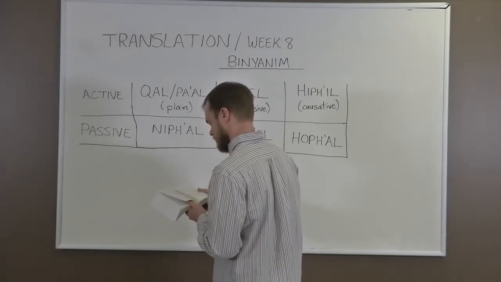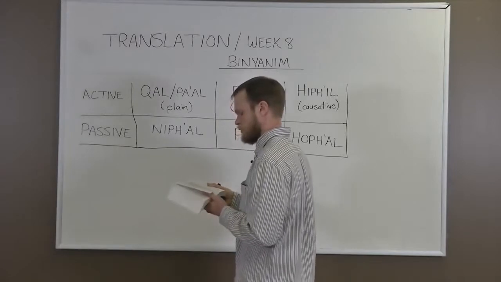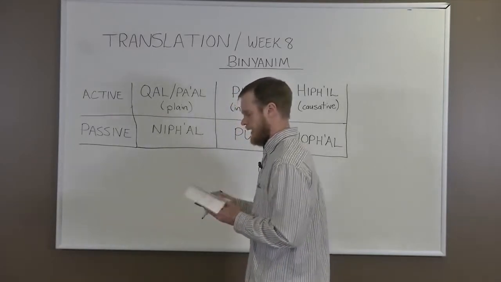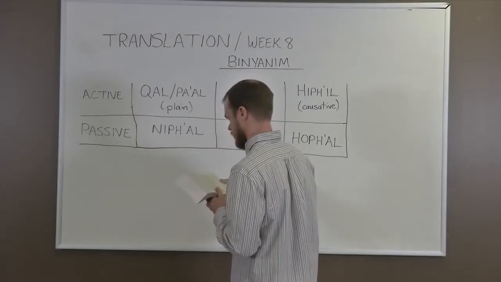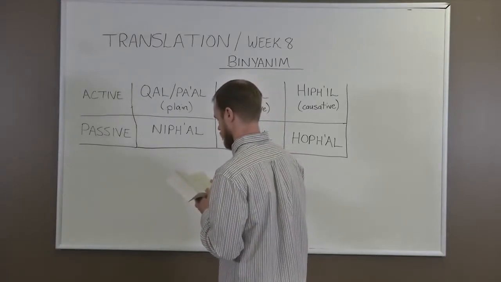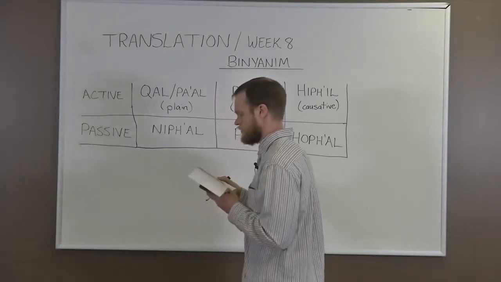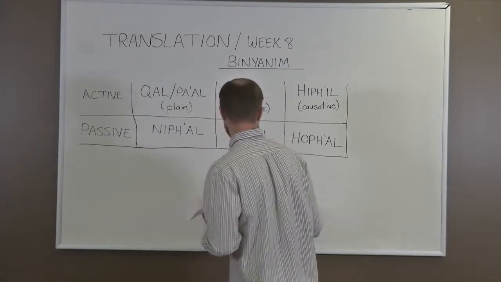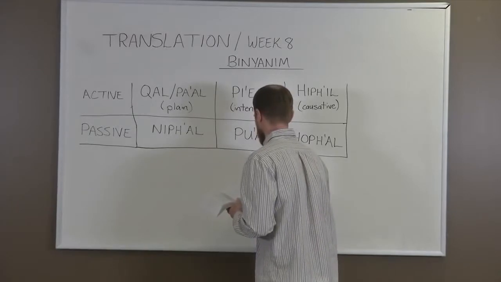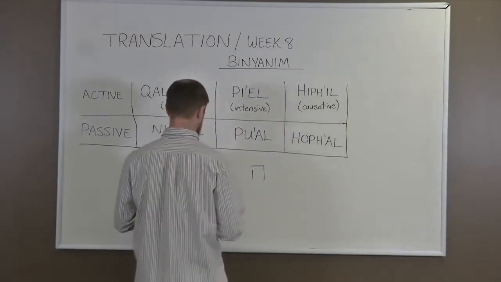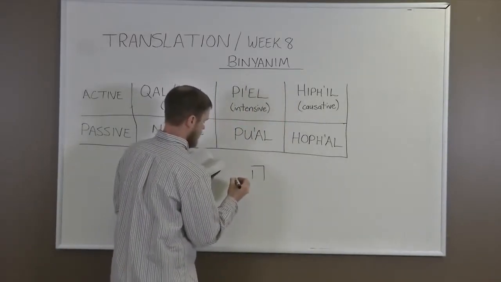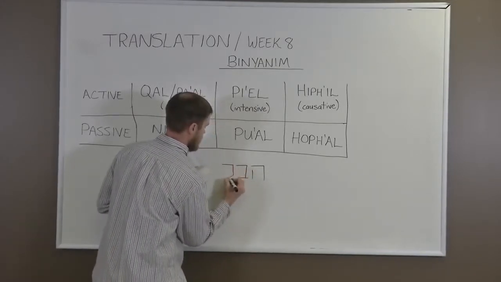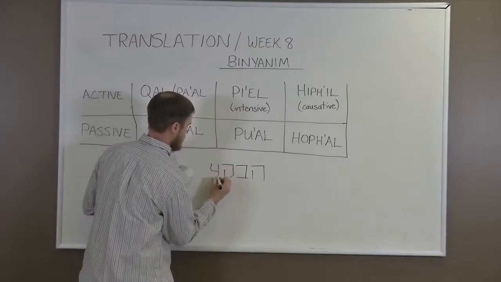Just to give a little context, this is talking about Jerusalem being besieged by Babylon. And so the end of verse 2, the last two words, in English it says the walls of the city were breached. But the last two words in Hebrew, hubkeah ha'ir.